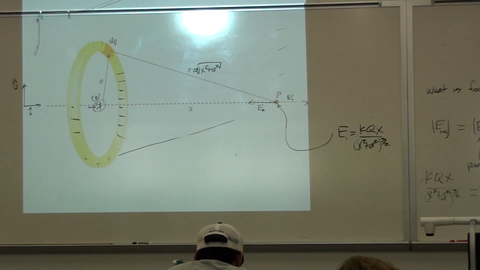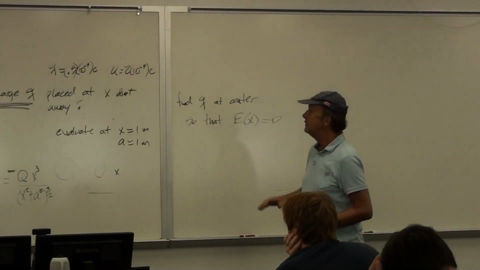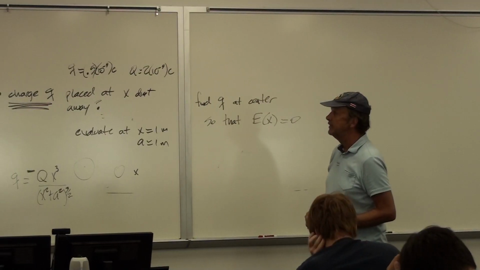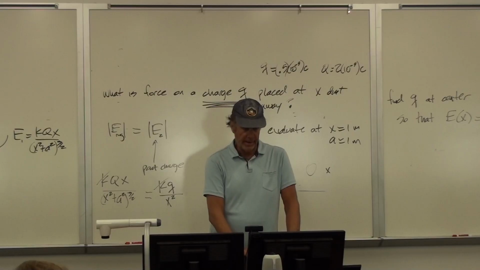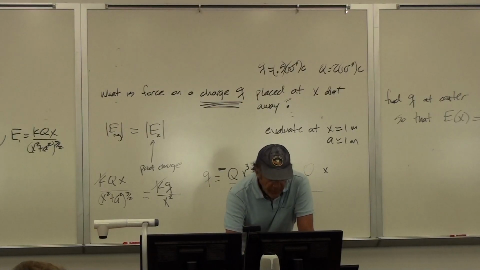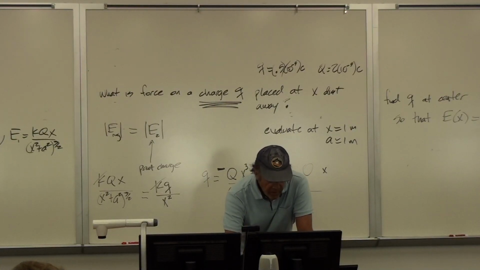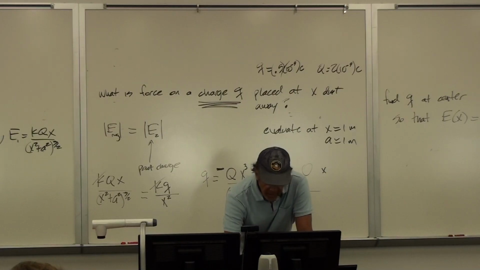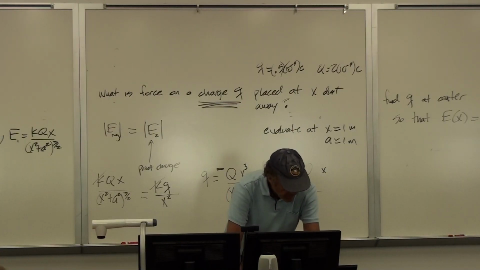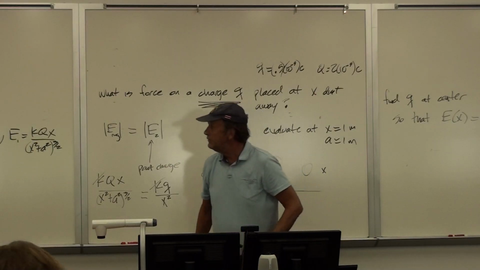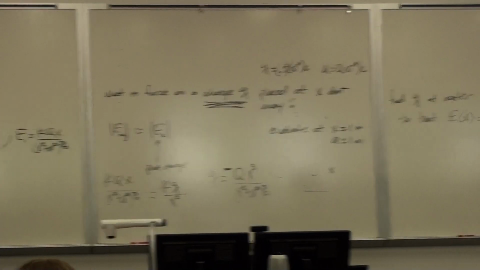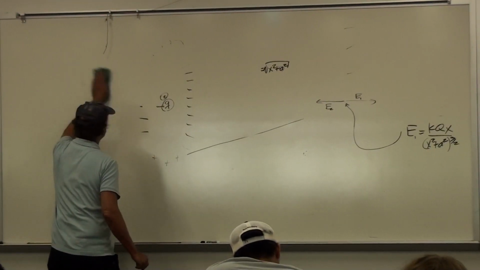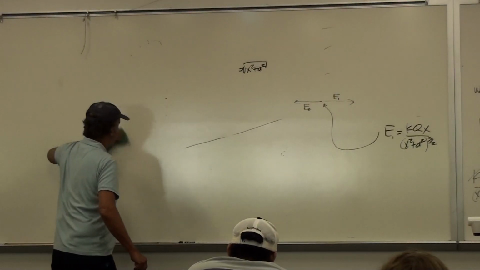So far, math isn't too bad. The visualization of what's going on can sometimes be challenging. All right, what next? Well, for the next problem, what I'd like to do is take a look at a line of charge. Now, for a line of charge, first of all, we have to look at how we're going to calculate the electric field with respect to that line.